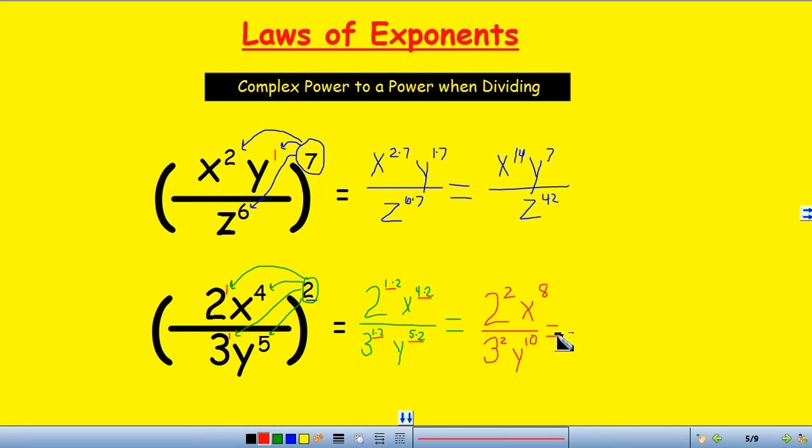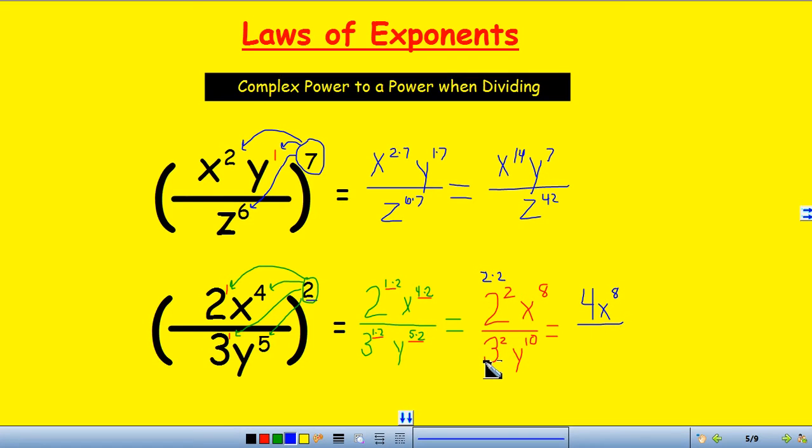Now, what we're going to do is simplify this a little bit more to get rid of these smaller numbers. So if we have 2 raised to the power of 2, that is the same thing as saying 2 times 2. And 2 times 2 is 4. So that would be 4 times x to the power of 8.